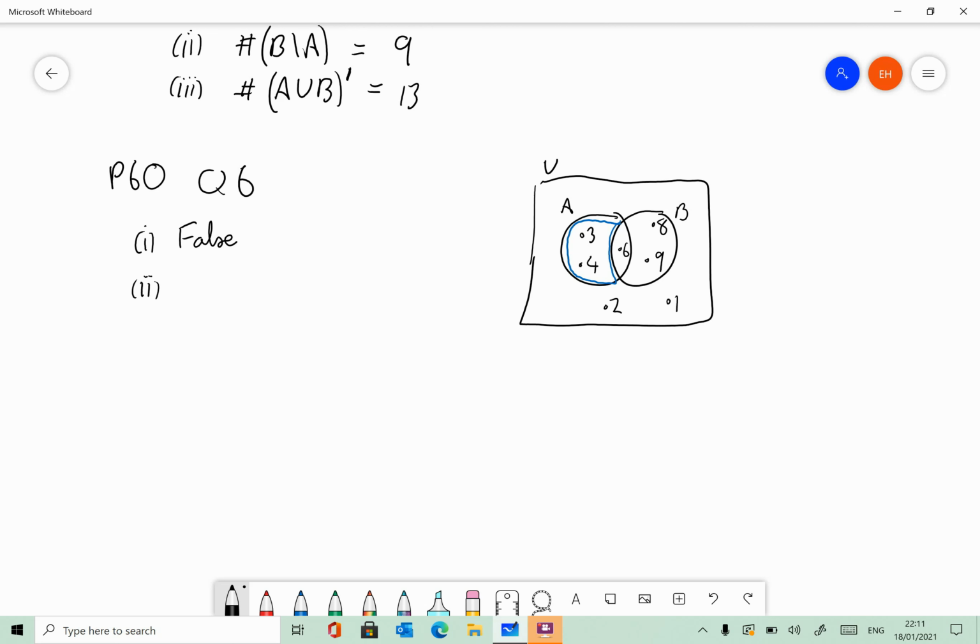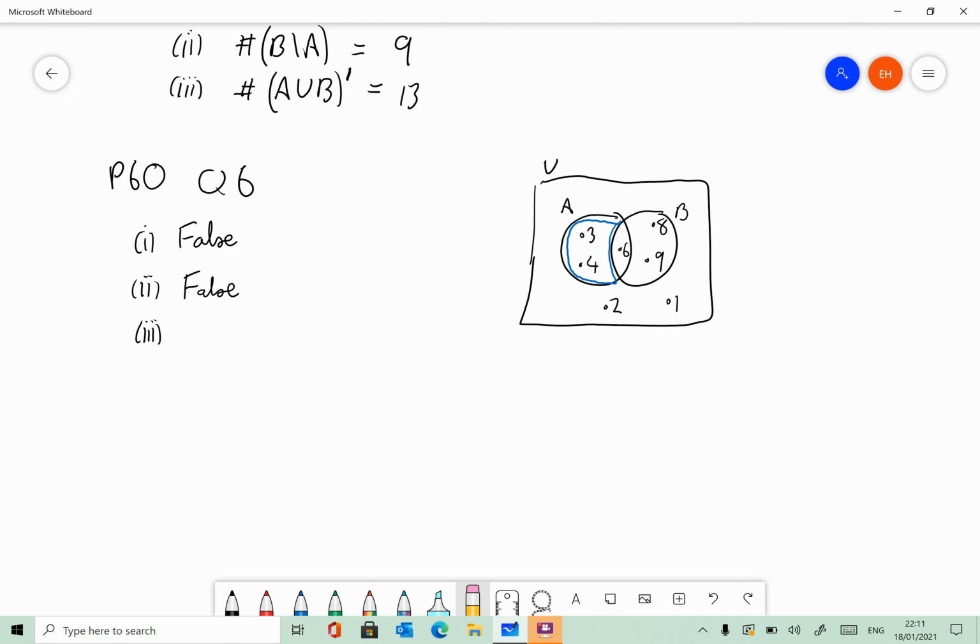The size of A, or cardinal A, is equal to 2. That's also false, because it's 3, 4, and 6. So the 6 is also in A. So there's 3 elements in A. So the size of A is not 2. Now the next one is the cardinal number of A union B. A union B is everything that's in A and B joined together into one set.